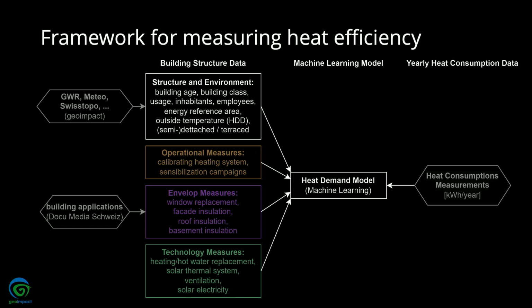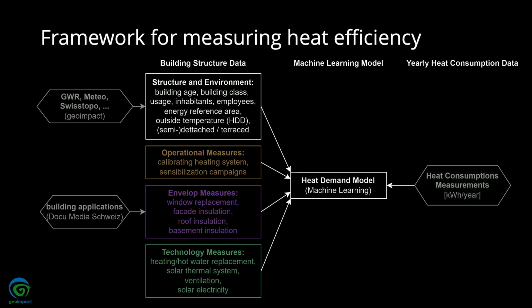So there's structural data about the building. Then there are different operational measures that you apply on this building. So either you calibrate the heating system, you replace the window, you insulate the facade, or you replace heating systems, like technological measures. And then on the consumption side, we have yearly heat consumption measurements.